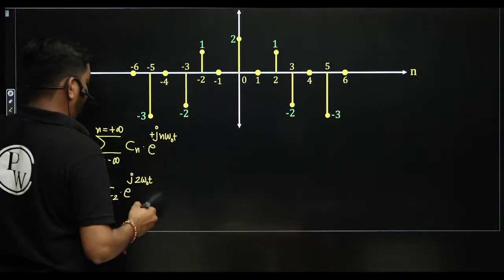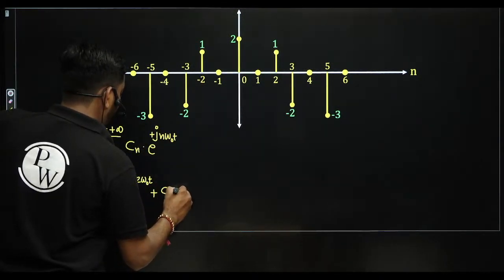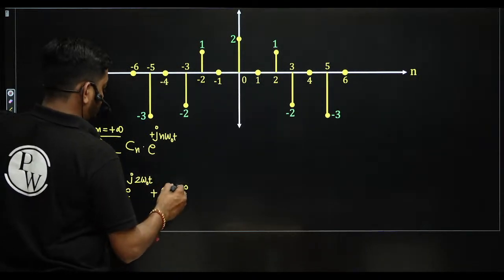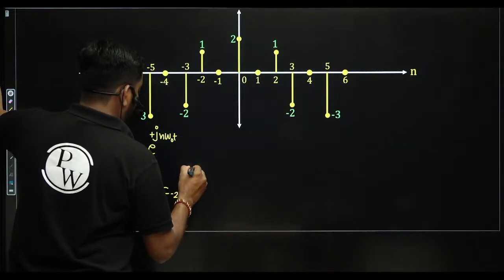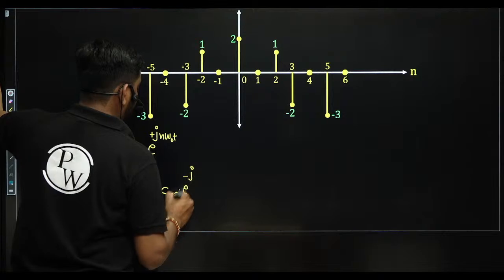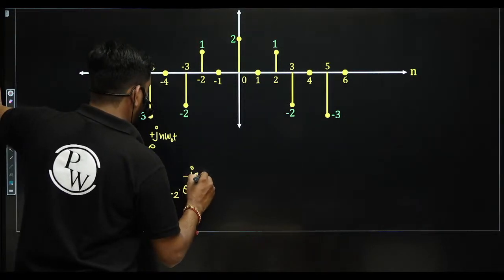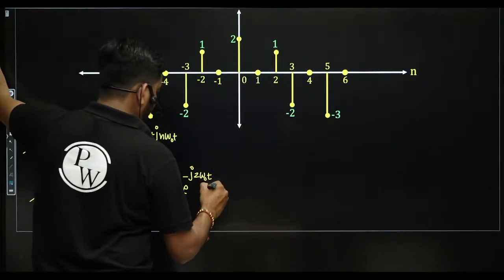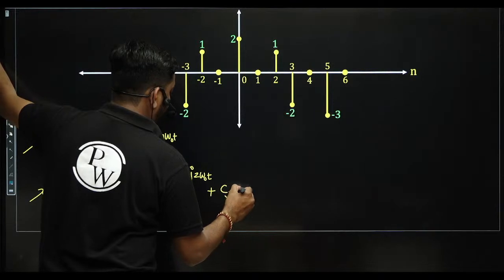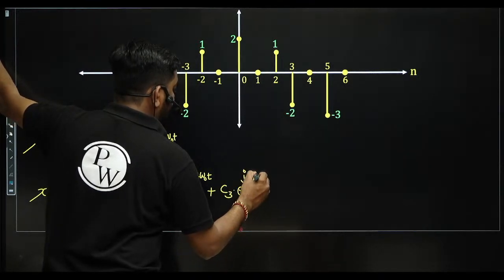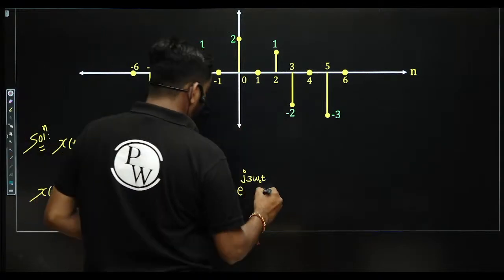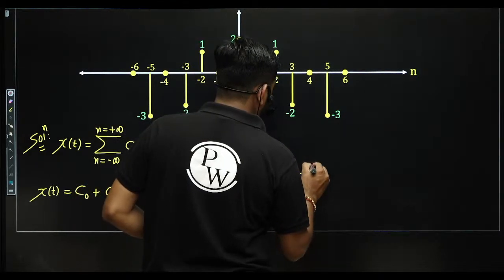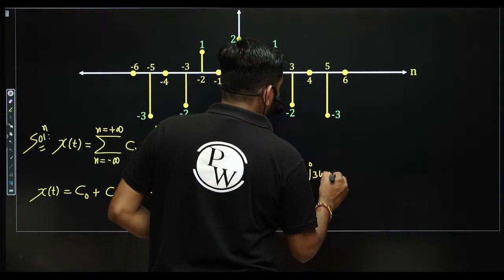Now similarly n equal to minus 2, guys, so here it is c minus 2. We are interested in non-zero coefficients only, guys. So e to the power minus j 2 omega 0 t, correct, fine. Similarly n equal to 3, so plus c3 e to the power j 3 omega 0 t, and similarly plus c minus 3 e to the power minus j 3 omega 0 t.